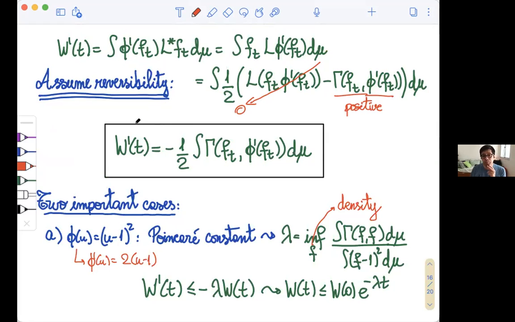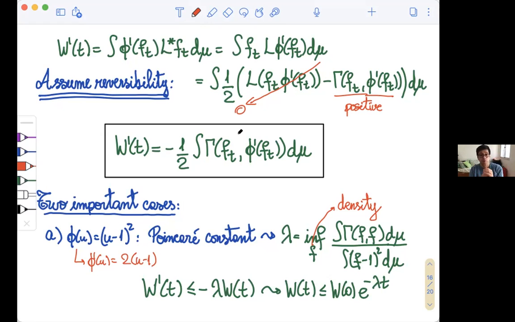W of t is what people call the entropy, and this term here, gamma, is what people usually call the Fisher information. So the rate of decay of the entropy is given by the Fisher information.